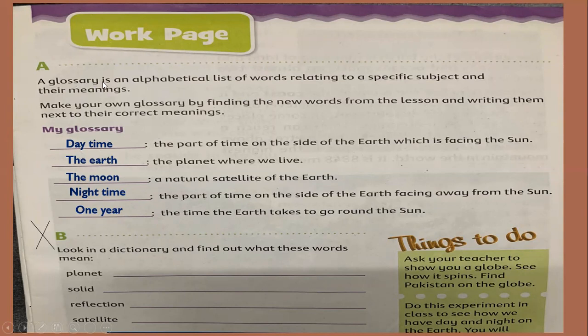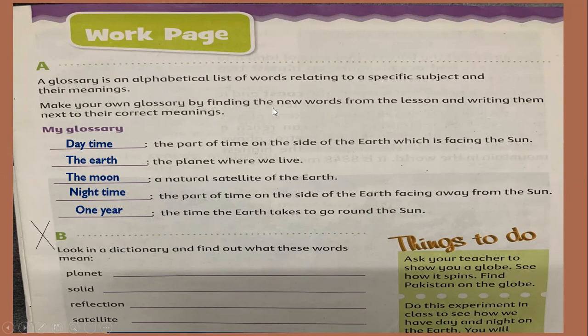Hope you all know what a glossary is. It is a book to find the meaning or the related words of any word to a specific subject and their meaning. Make your own glossary by finding the new words from the lesson and writing them next to their correct meaning.